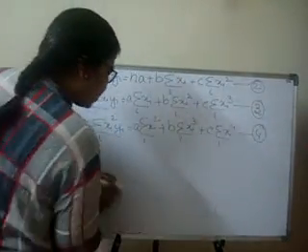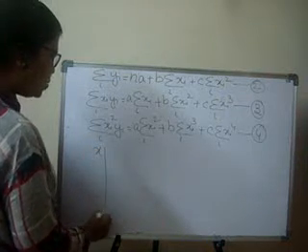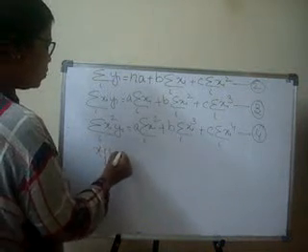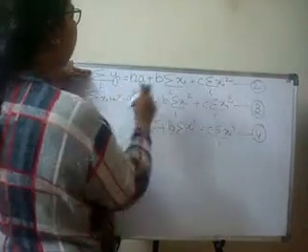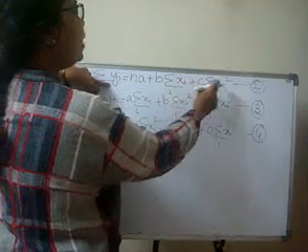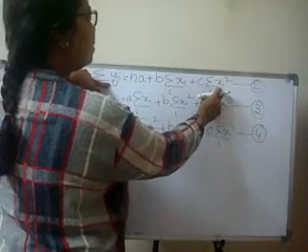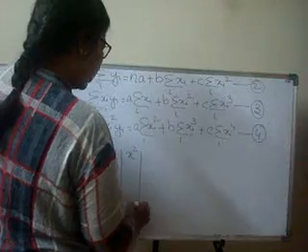For us, what is given? The x values are given, the y values are given. To substitute in the first equation, we have summation yi, summation xi. What we require is summation xi square, that means you have to find x square.